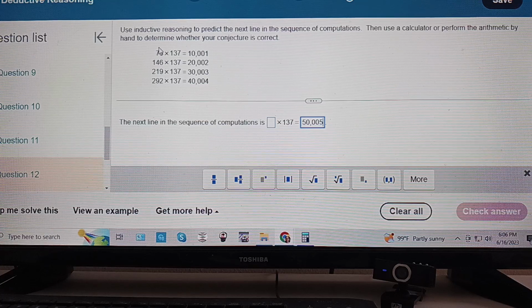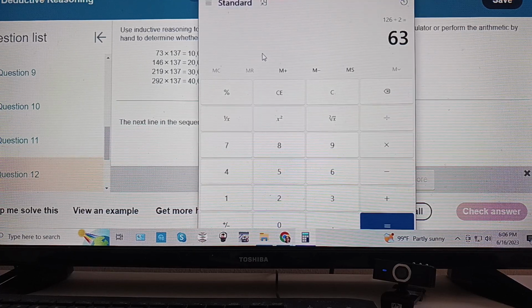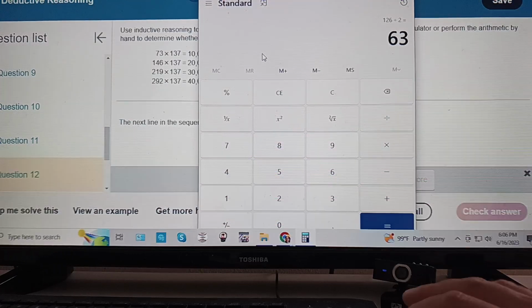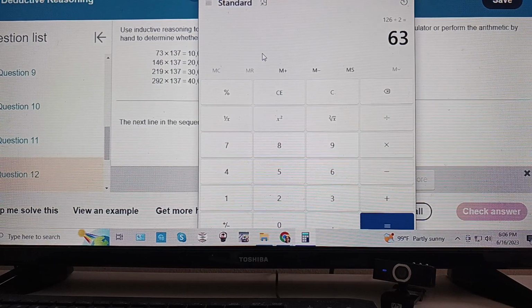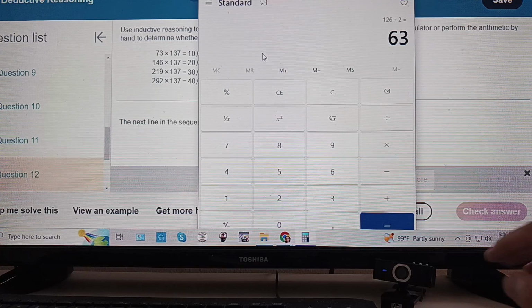It's not so obvious what's happening with 73, 146, 219, 292. That's hard to tell what's going on there. So one thing to try is, if it's getting bigger, if you try subtraction, it will tell you if there's constantly something that you're adding.